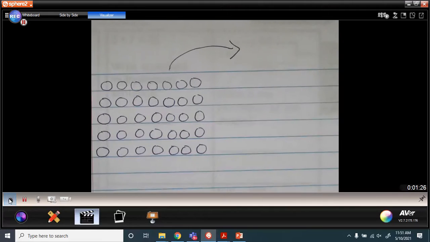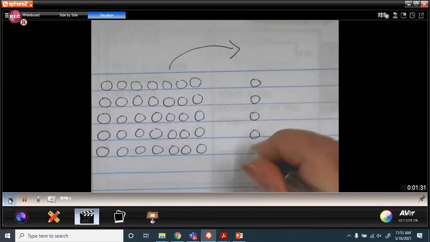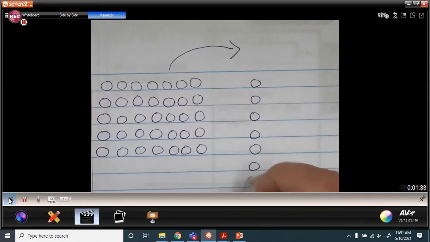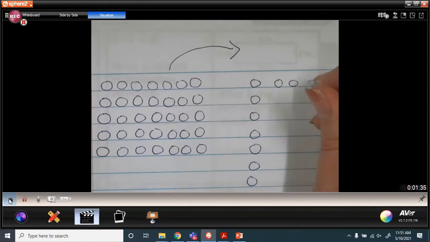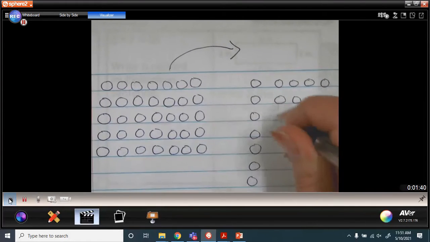So again, remember that when you have an array, you can switch your rows and your columns to be equal to what you had in your first array.